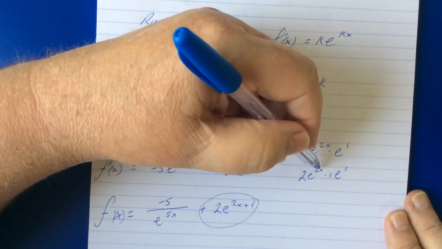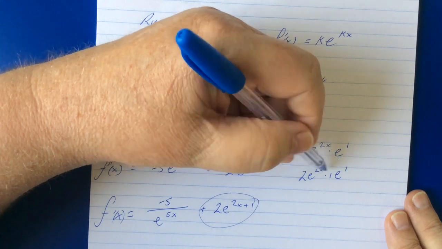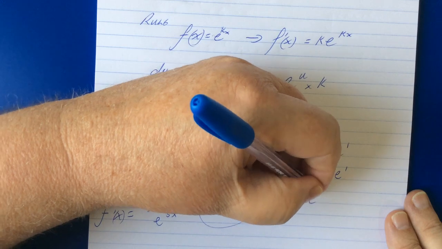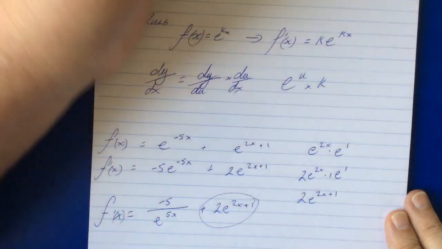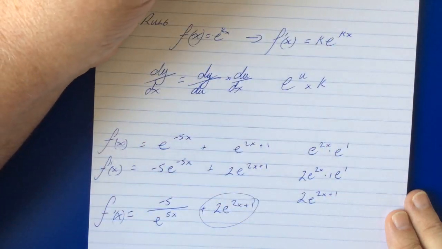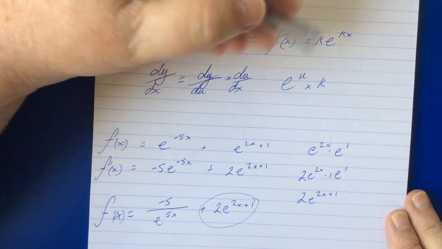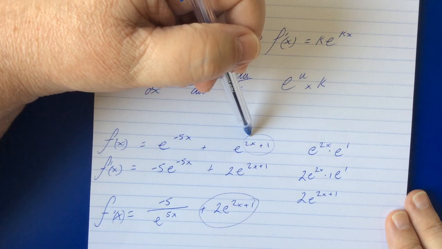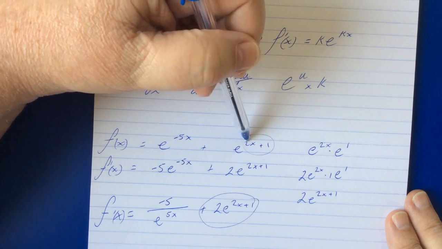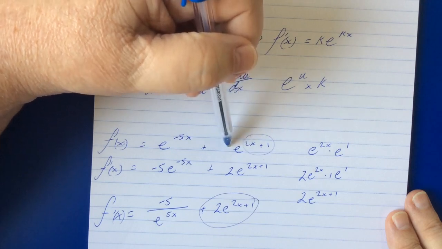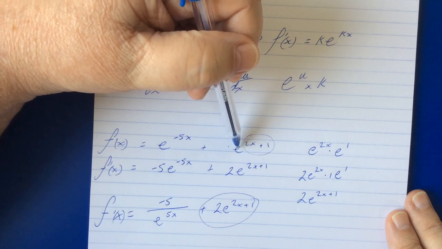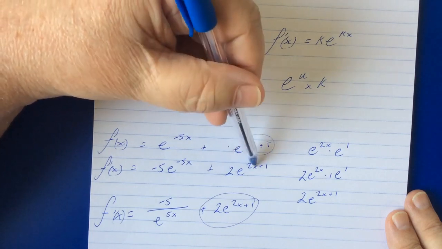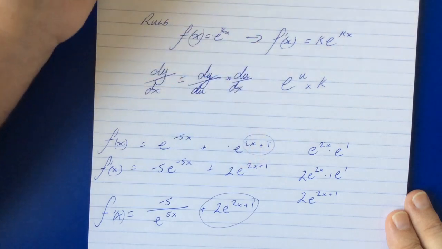Now, index rules say that because the bases are the same, we can simply add this, so we get 2e to the 2x plus 1, for those who are interested. If you're not particularly interested, the simple rule is that you will differentiate this, you'll put it in front of e, and then it's times e to this, which gives you this.